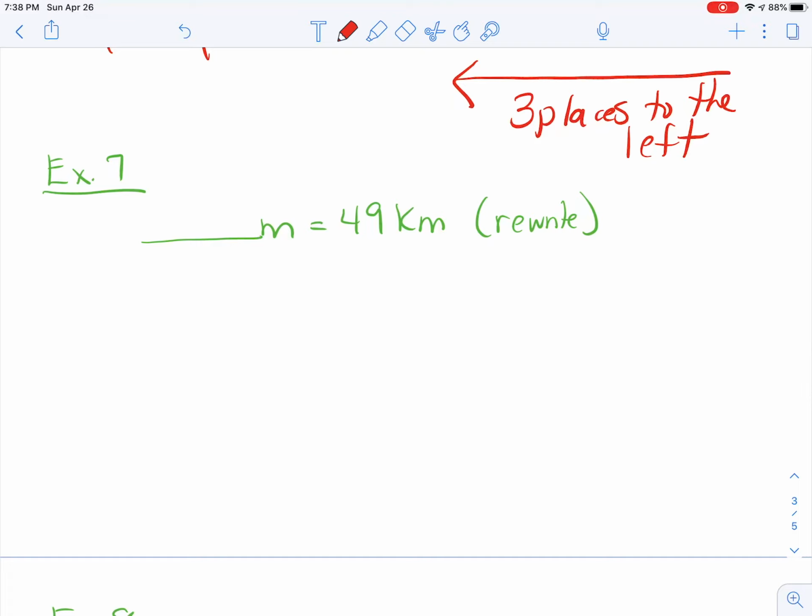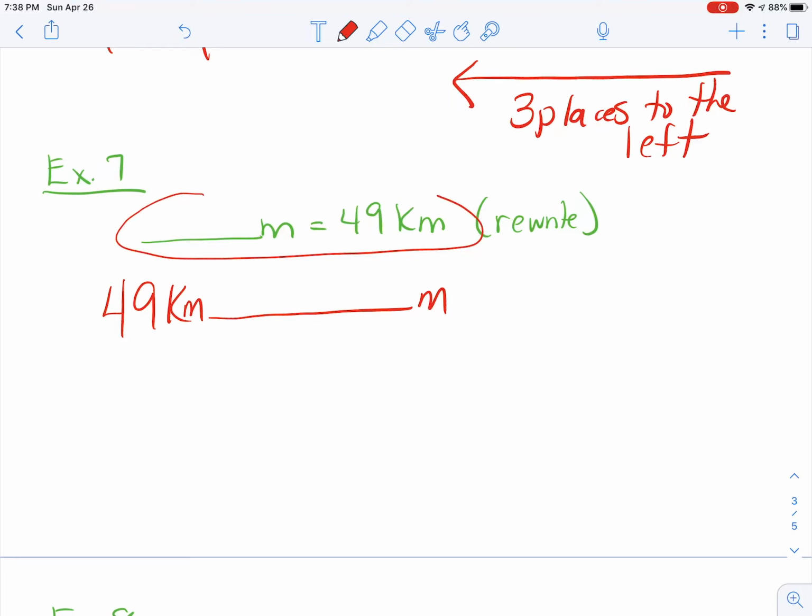Example 7. Now, look at how this is written. It's kind of written kind of crazy. But it means it wants to know how many meters is the same thing as 49 kilometers. So if you see something that's written like that, notice that I rewrote it to look like that.